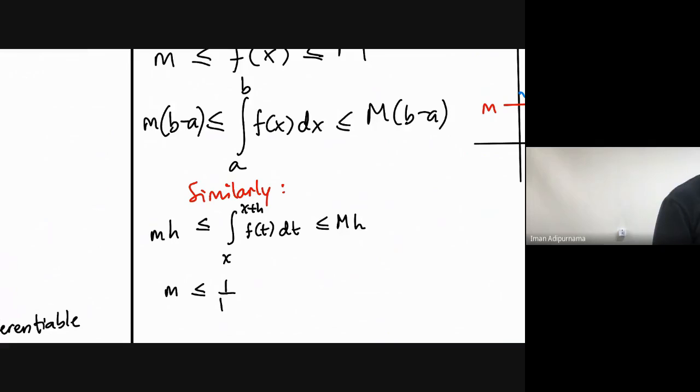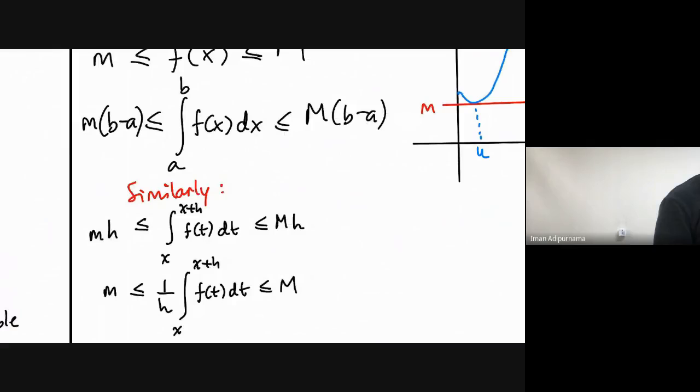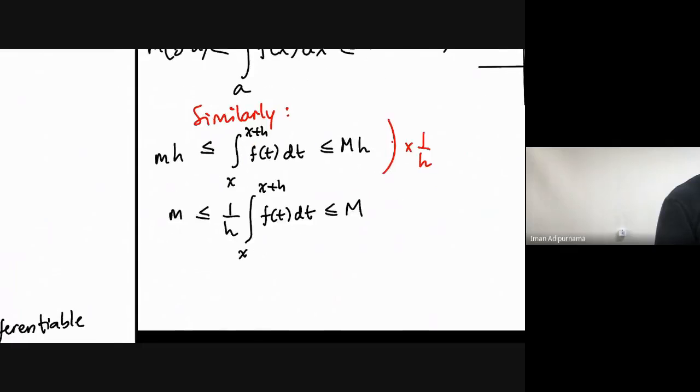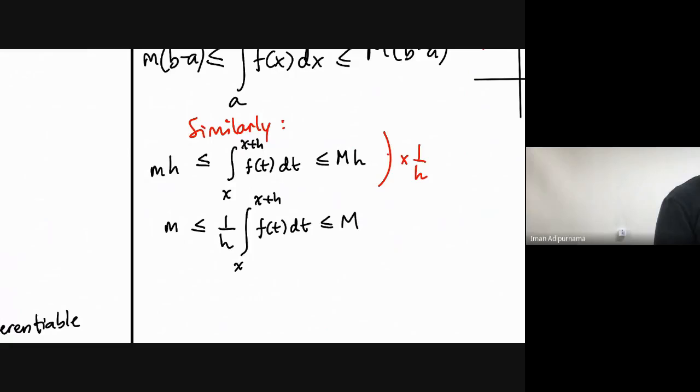We divide all these terms by 1 over h, and turn the m back into our functions.